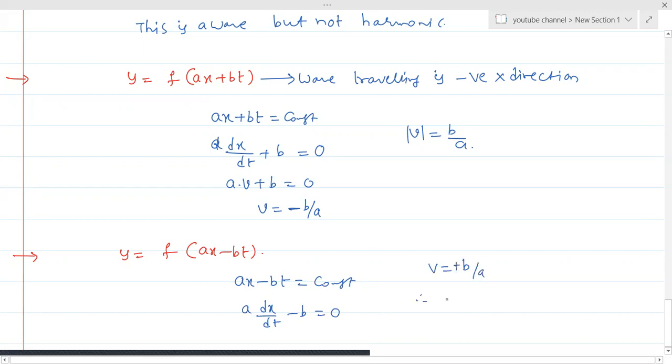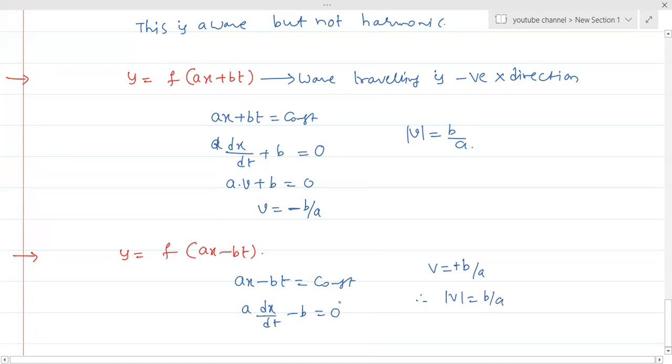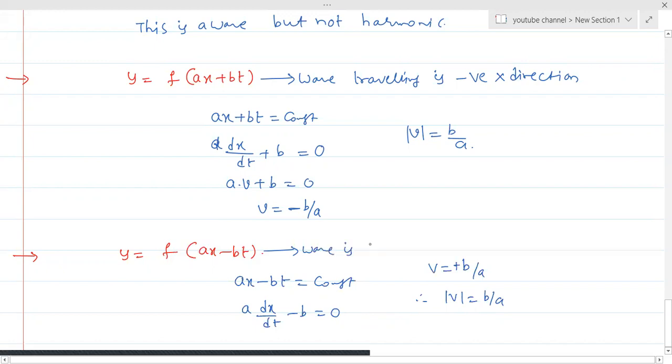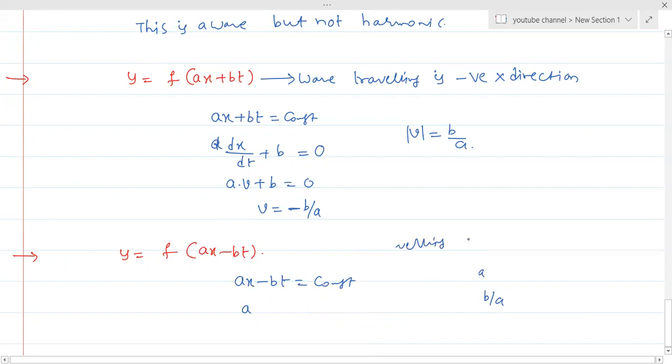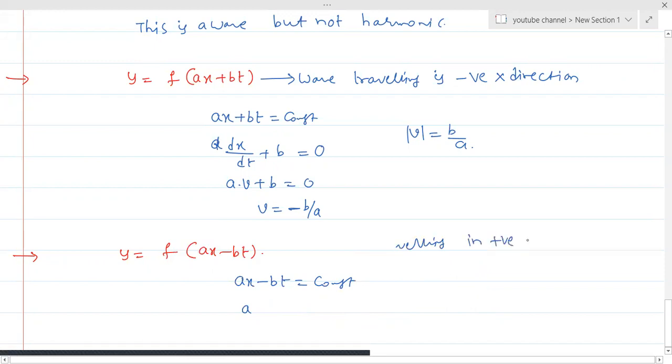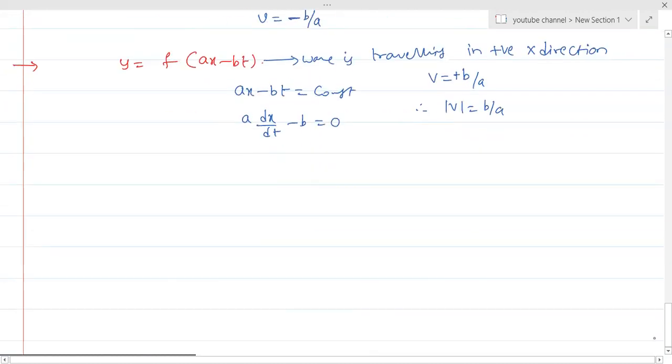Therefore its magnitude is b by a, and this wave is traveling in positive x direction.